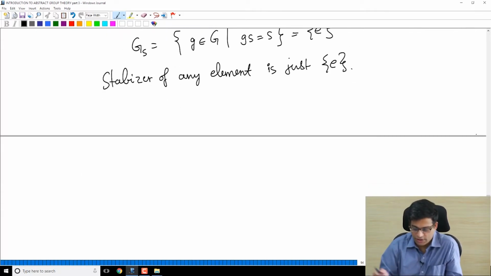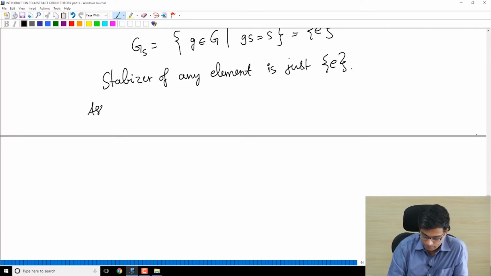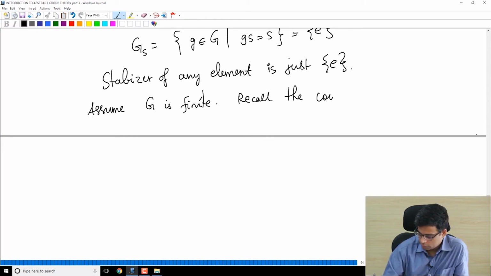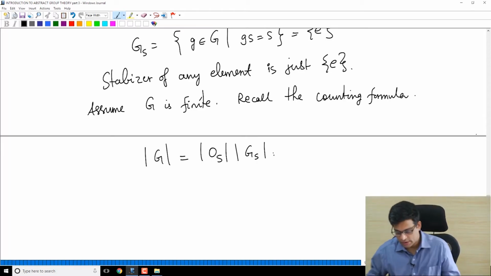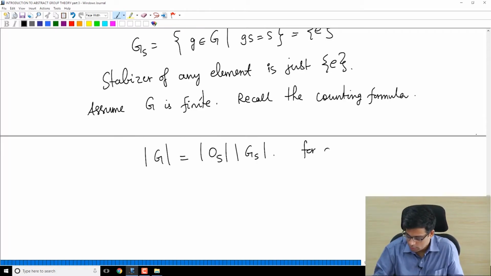So think for a moment that G is finite. Remember that for any action we have the counting formula. The counting formula says that the order of the group is equal to the number of elements of the orbit times the number of elements of the stabilizer for a fixed element.